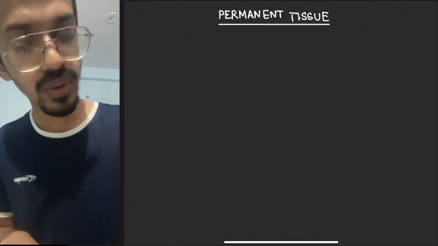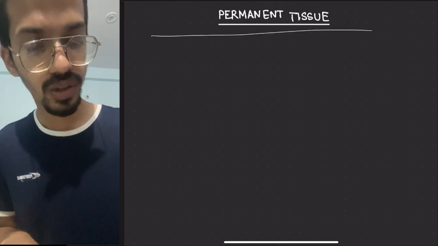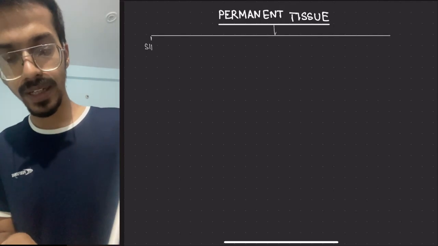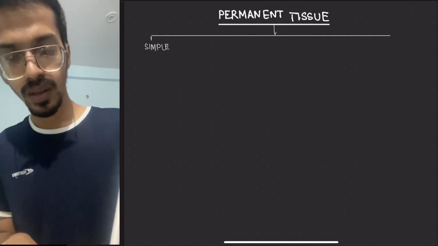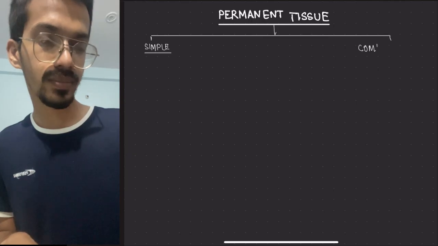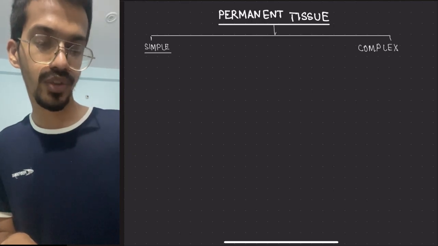So permanent tissue could be of two types: simple permanent tissue and complex permanent tissue.